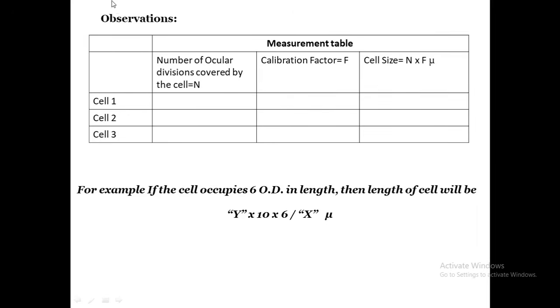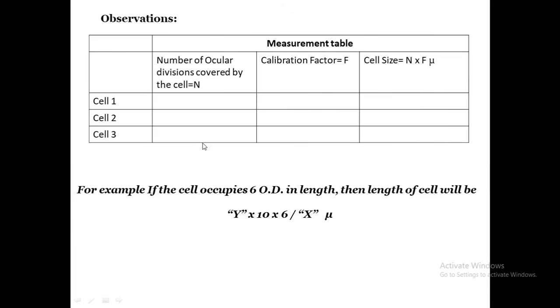Finally, when we are ready with the number of ocular divisions covered by the 3 different cells, we can use this measurement table to calculate the exact cell size as well as the average cell size.